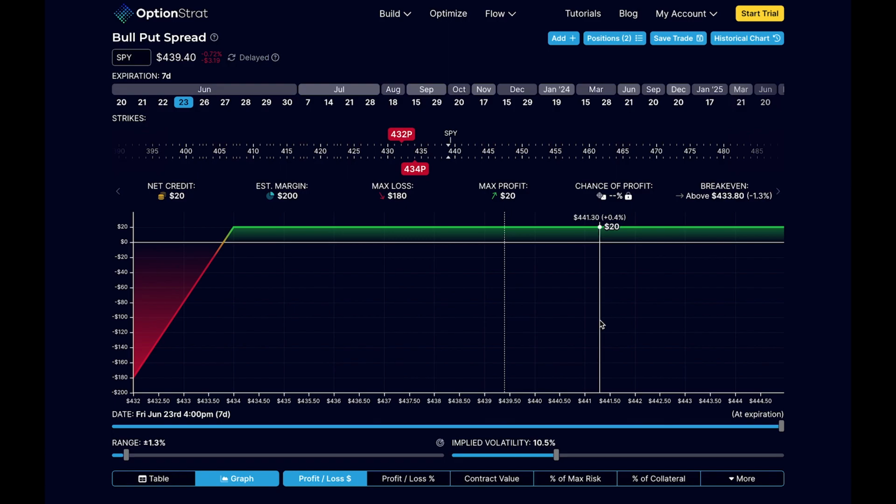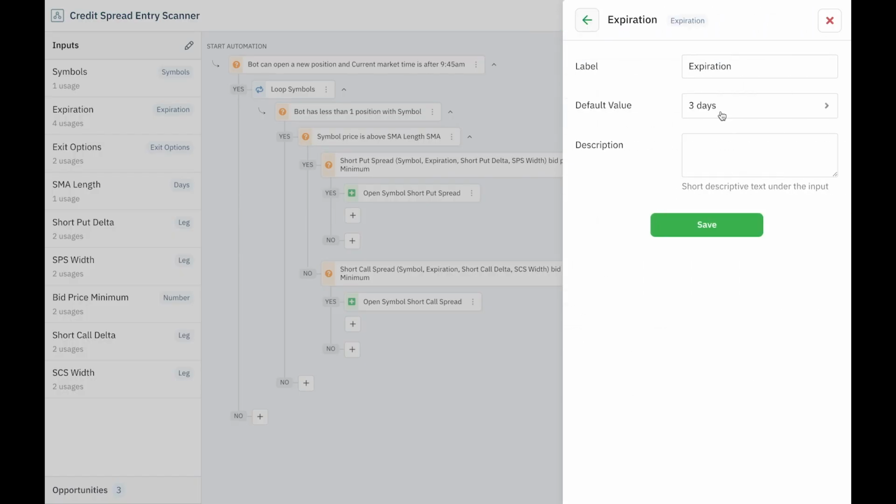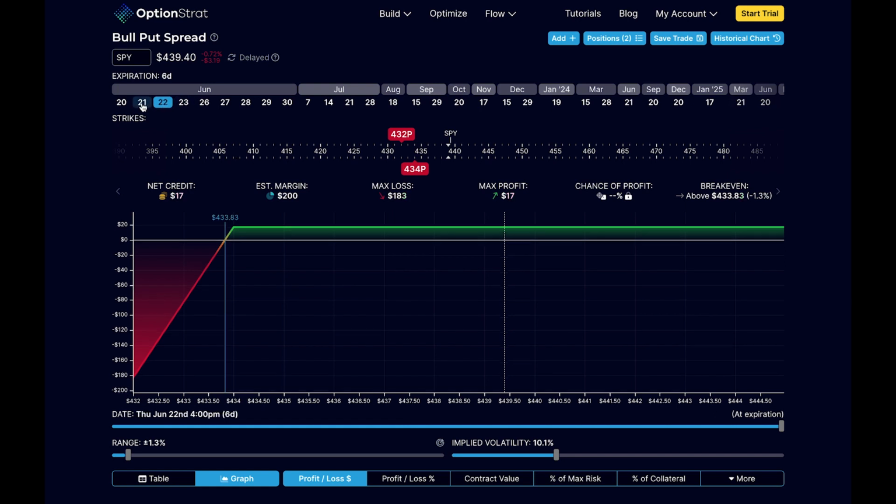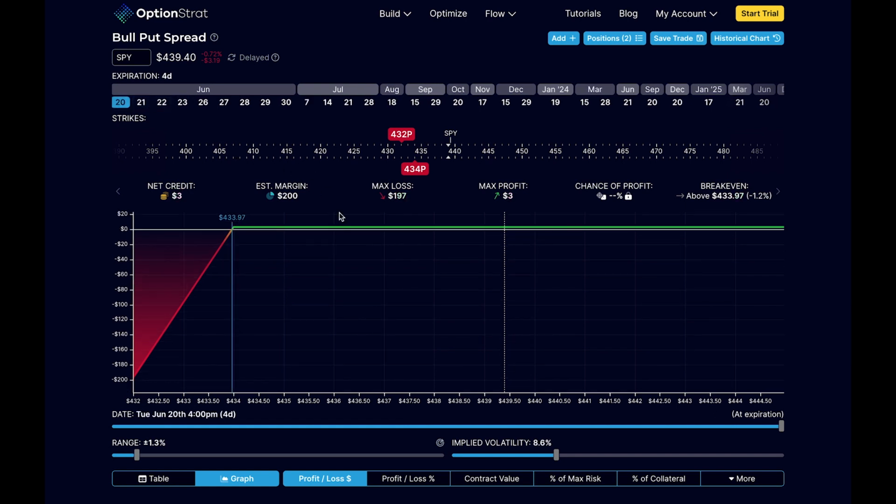Oh, so what was the expiration? The expiration was at least 3 days. So at least 3 days. So that would be this one right here. And you can see right now the credit is only $3. So obviously we wouldn't do that one. So if we open it up the next day, the next open market day would be June 20th.